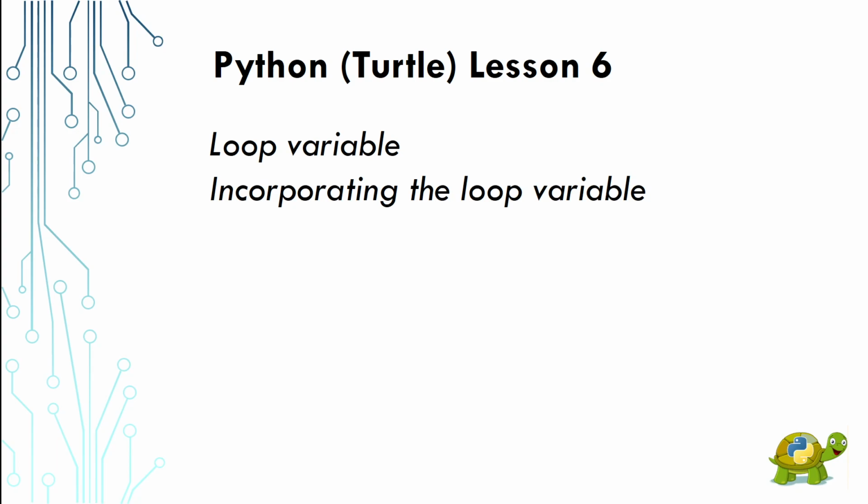Again, if you need proof, count it on your fingers. And then we saw how we can manipulate that value through some simple arithmetic operations and then use that value as part of our design to create some really nice things, such as circles that increase in size as the loop goes on. So hopefully you're excited about being able to use that loop variable as part of your design, and enjoy.